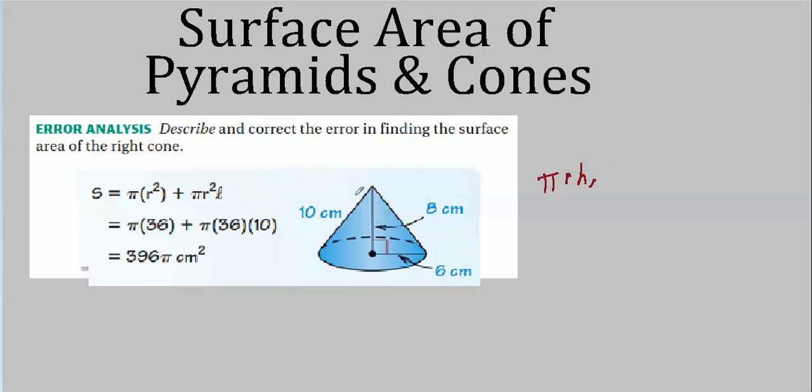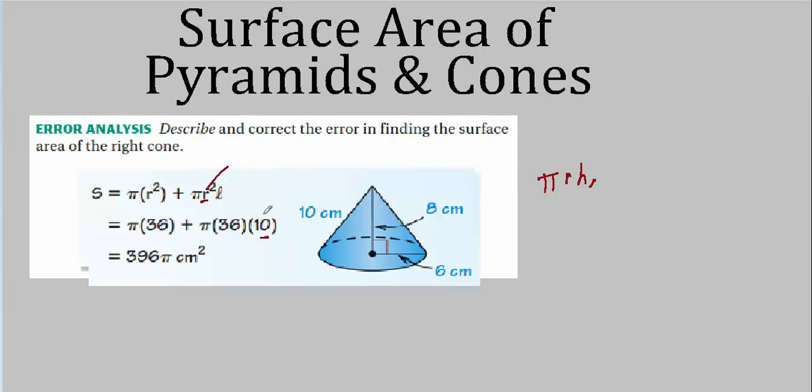Well, let's see here. They got the slant height. Okay. They got, oh, wait a minute. 36 is not the radius. Ooh, they squared the radius. That's no good. In this second part here, you've got to get rid of the 2. It's just pi r L. So this should be pi times 6 times 10.